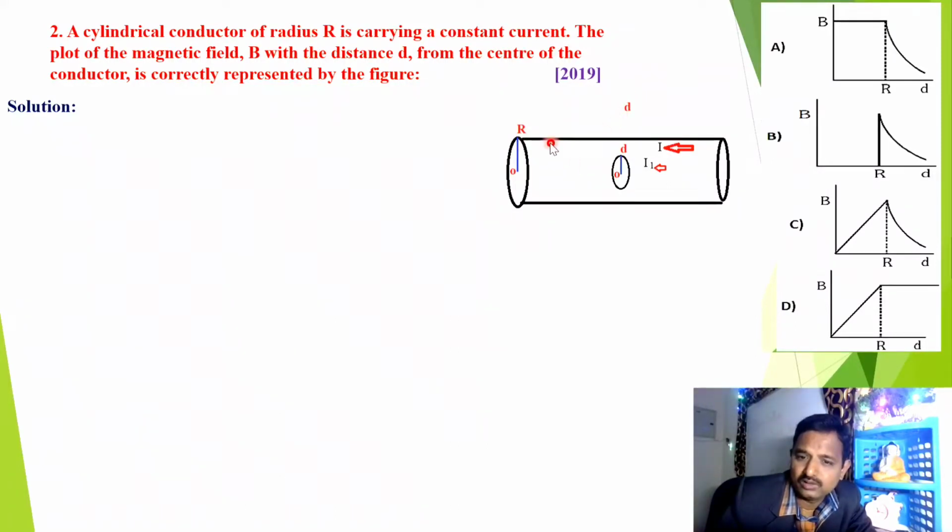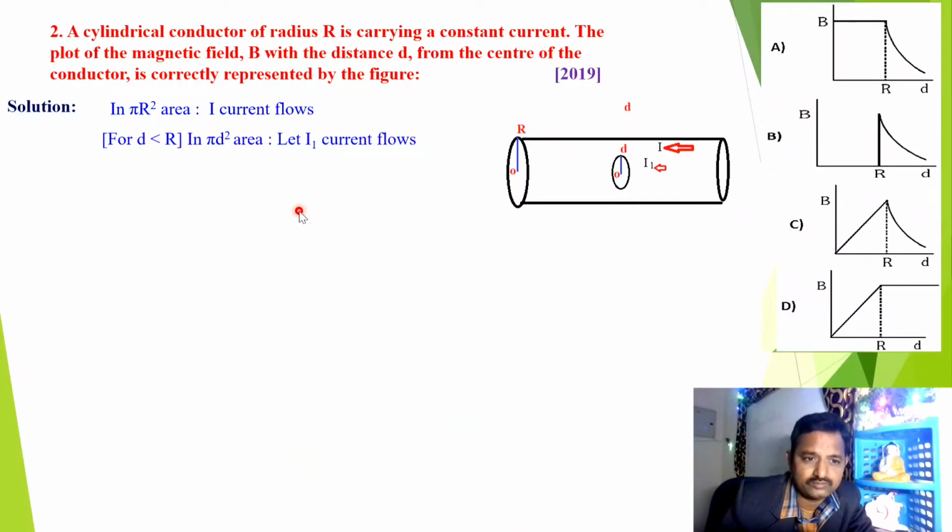If the point is on the cylinder, that is radius r, then through pi r square area I current is flowing. If the point is less than radius, that means inside the cylindrical conductor, then it will be pi d square area.